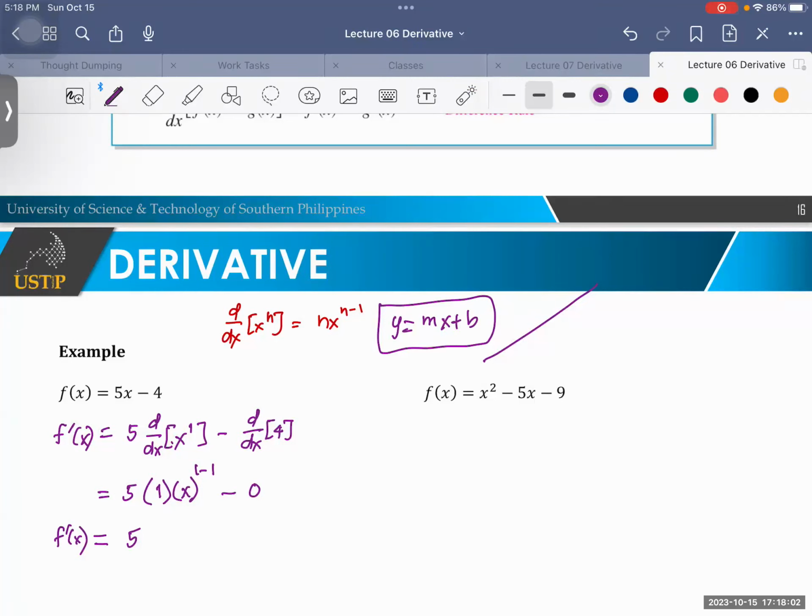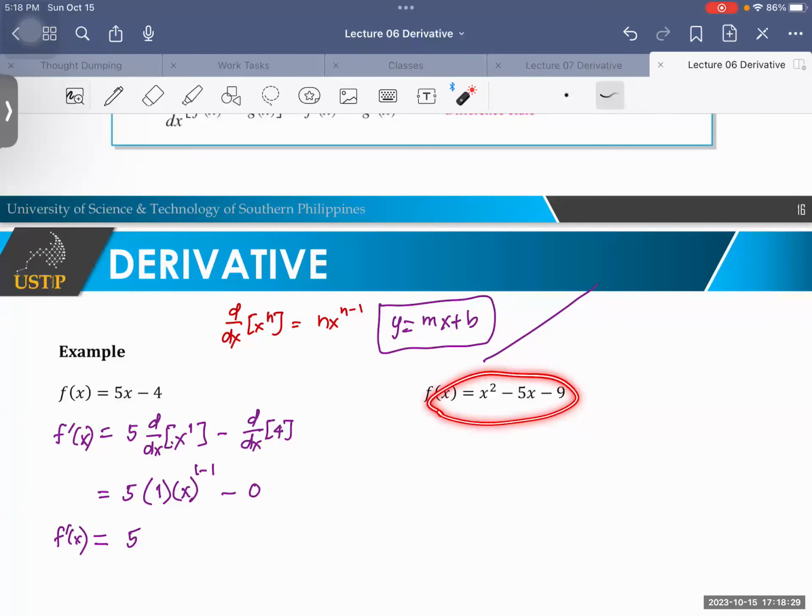And to get the slope of a line, di ba kani siya nga value m? Whatever is the coefficient of x, mao na yung slope, mao na yung m. So kung tanawin nimo, 5x minus 4, ang m na ni diri is 5. So that means, kani nga slope, mao na ni ang atong derivative.